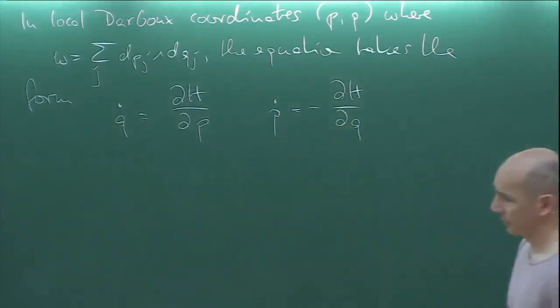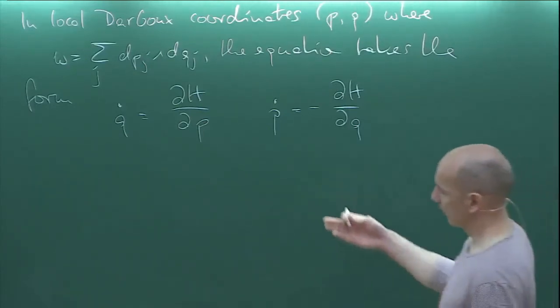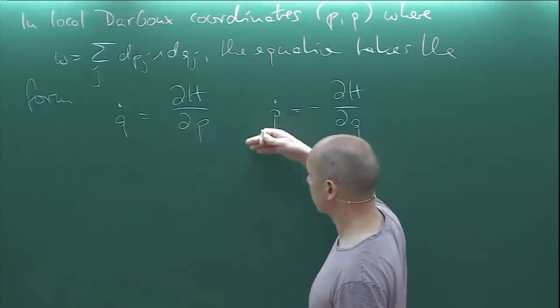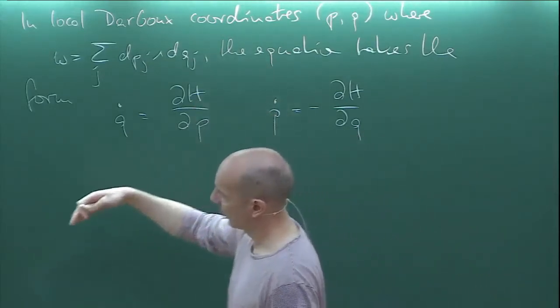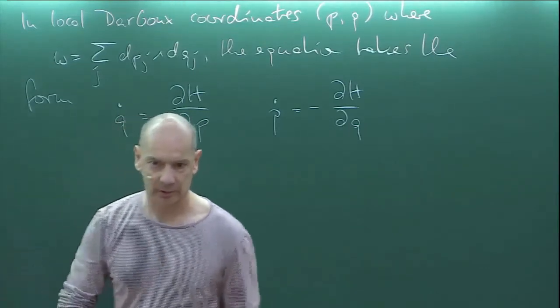So these are Hamilton's equations as you know them from classical mechanics, if you've ever taken a course. And so this would be the local case, say, in R^2n. And so this is the more invariant abstract formulation on a general symplectic manifold.